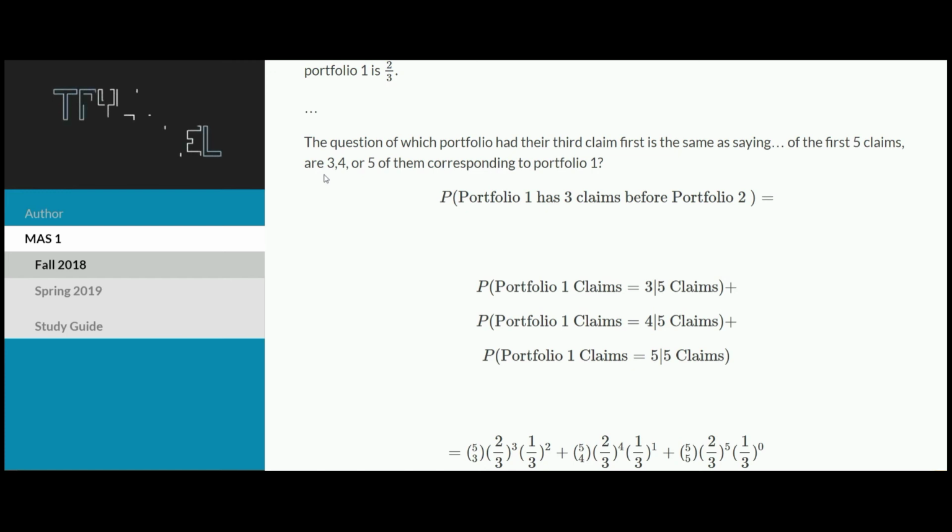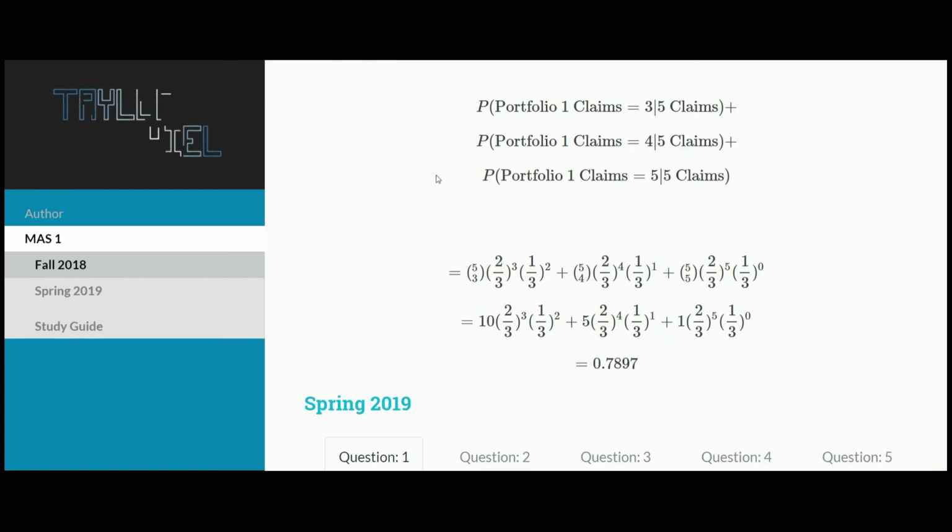So going into the calculations, these are the 3 possibilities. And again, we've determined that the probability a given claim came from portfolio 1 is 2/3. Now we just have to calculate these out. So 2/3 to the power of 3, because 3 came from portfolio 1, and then 1/3 to the power of 2, because 2 came from portfolio 2.